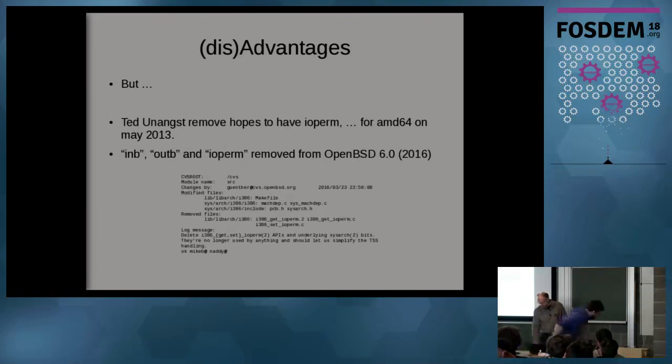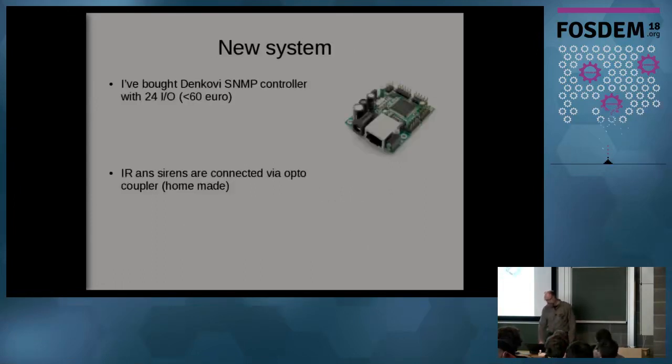Since I no longer have the possibility to interact with my board via this inb, outb API, I was forced to buy a new one. I bought this from a vendor called Denkovi. It's a very small board. If you look at the size of the Ethernet port, it's very small, and I have 24 I/O on this system.